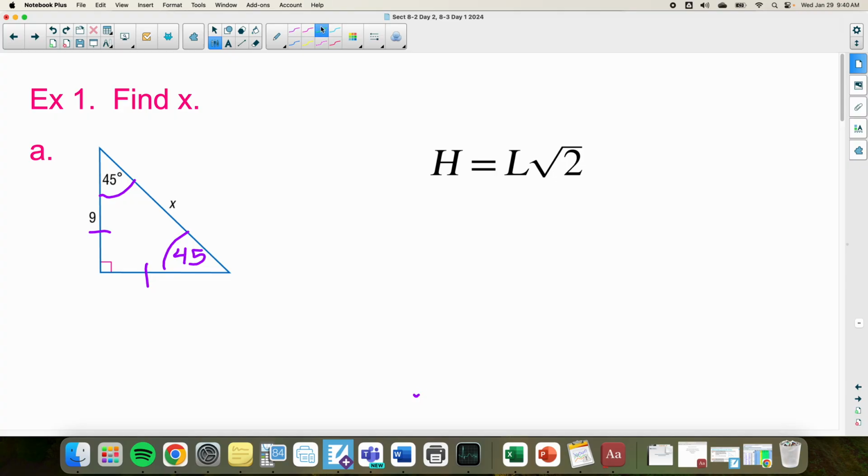Another thing I would mark here is these would be your legs and this would be your hypotenuse, okay? Now I'm going to go to my formula, and in this one, what we're looking for is our hypotenuse, so that's x. Our leg is 9, so it's 9 times the square root of 2, okay?